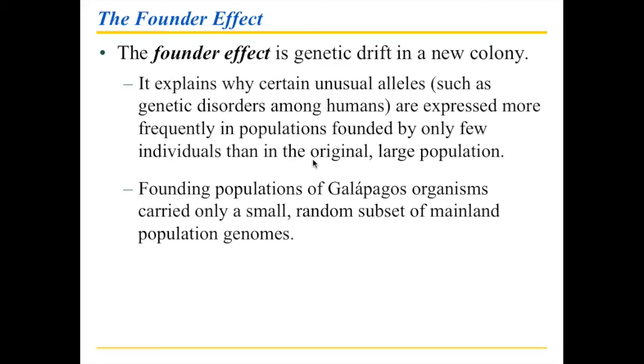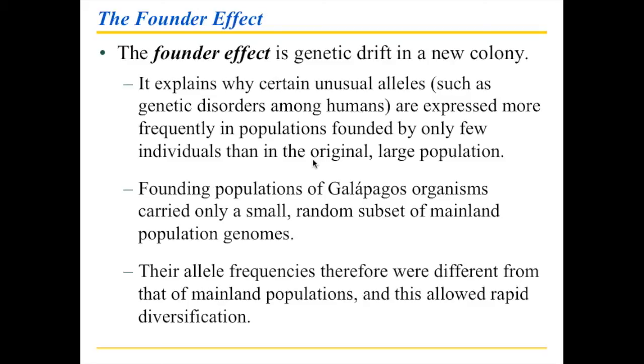And that subset was random. It was not somehow that these were better equipped to deal with island life. They just happened to be the ones that ended up over there. And so instantly, evolution has occurred, because in the founding population, the allele frequencies are different than on the mainland.